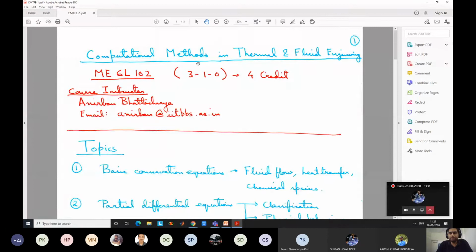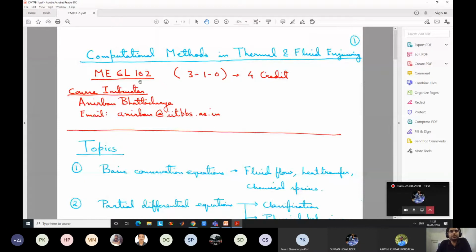Okay, so it involves both fluid flow and thermal problems, and how to solve any fluid flow or thermal problem using numerical techniques. So there are different methods, and the entire area is known as computational fluid dynamics, or as we can say in a better way, computational methods for thermal and fluids.